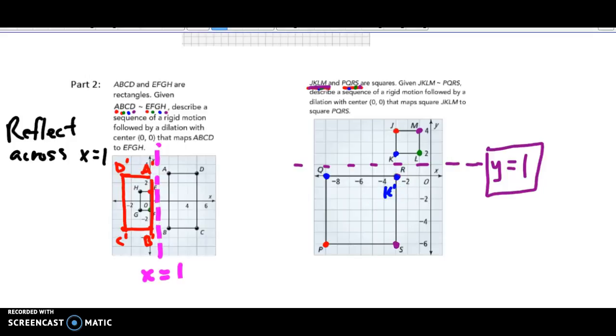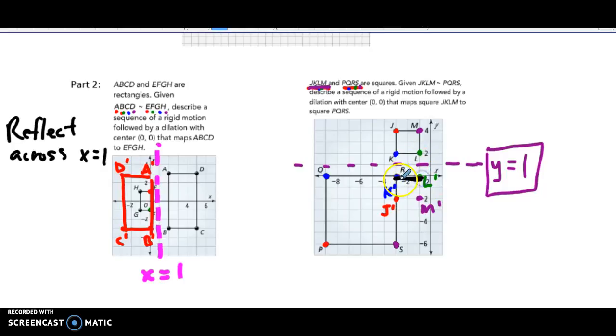And then as I look at point J, J is 1, 2, 3 units above the line of reflection, so it needs to move 1, 2, 3 units below the line of reflection. So this is going to become J prime. M is 3 units above the line of reflection, so M prime is going to move down here. And L is 1 unit above, so its reflection will be 1 unit below. So now we have this square.